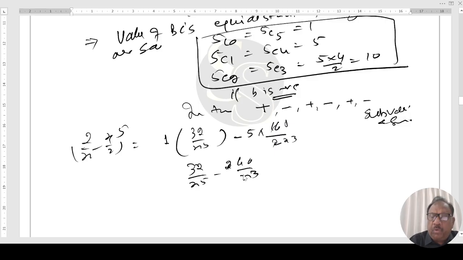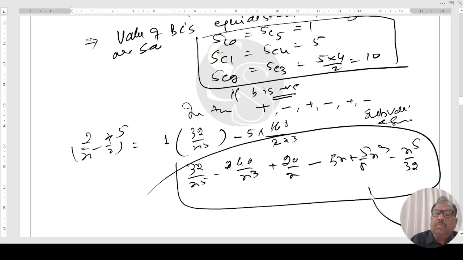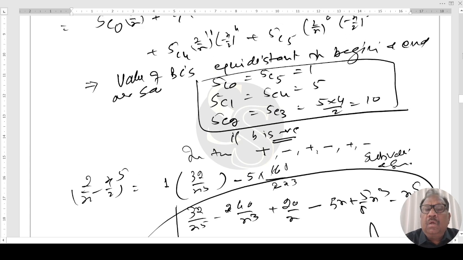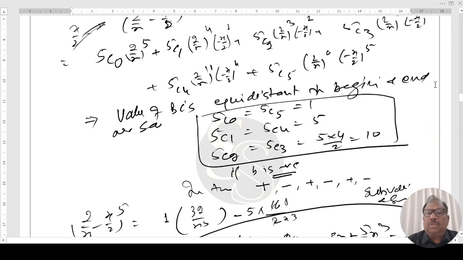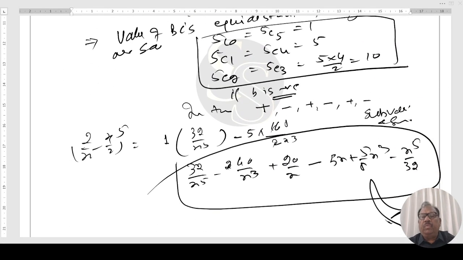Similarly, substituting and simplifying, we will get plus 20 over x minus 5x plus 5 by 8 x cube minus x5 over 32. This will be the answer. Check the calculations. I have cleared all the concepts applicable in this case. Right? Next question.